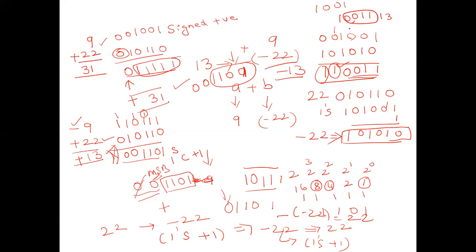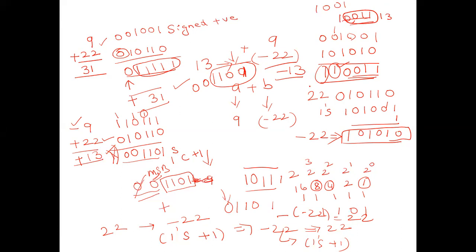Okay, so wait. This might be a negative number. So now I have to convert it into a 1's complement, because the output should definitely be minus 13. Got it?